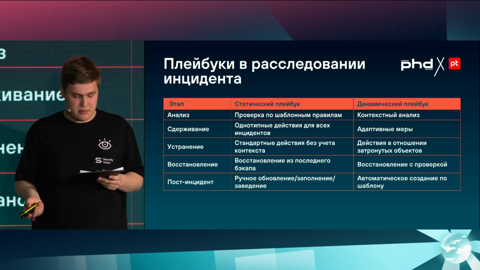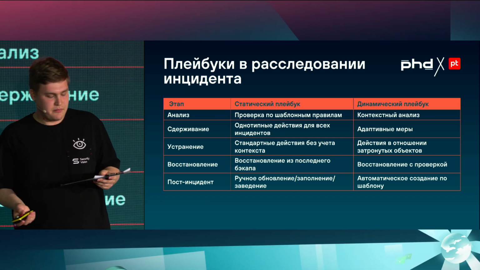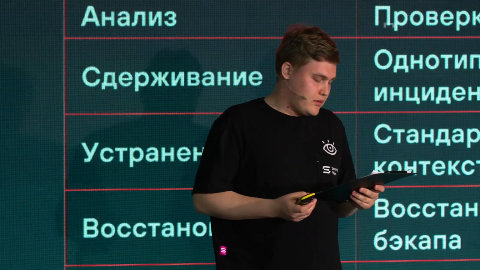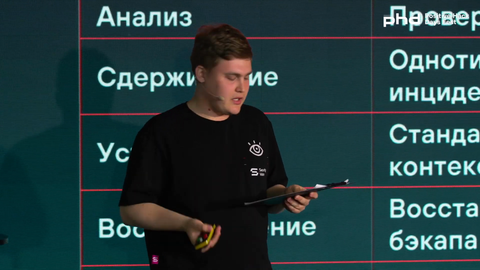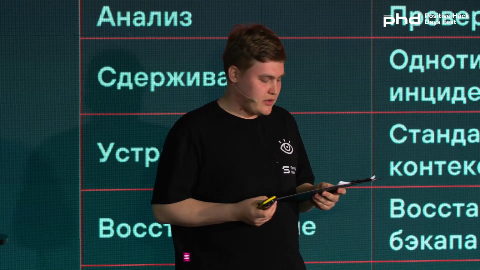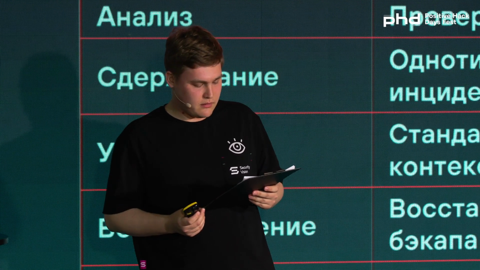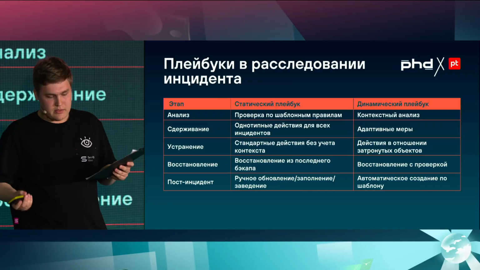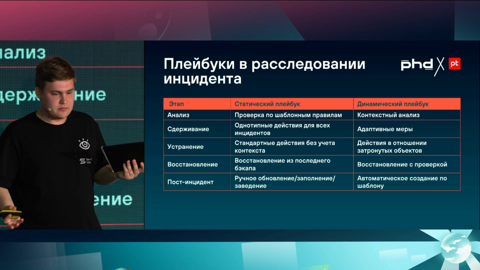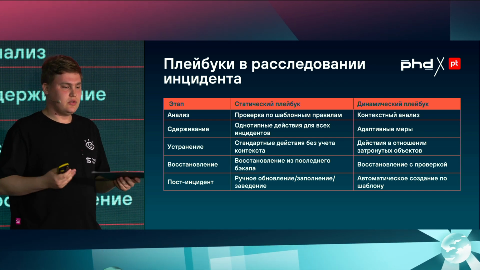On the stage of containment, the static playbook is going to do typical actions for all types of incidents, while the dynamic playbook, in turn, is going to make adaptive measures. For example, let's take a malware file.